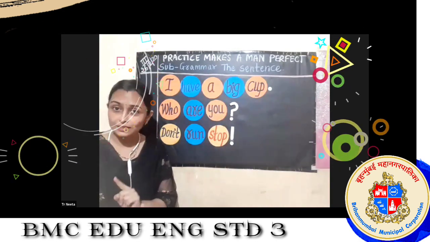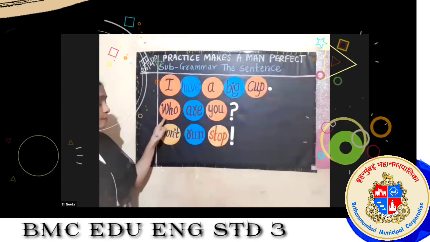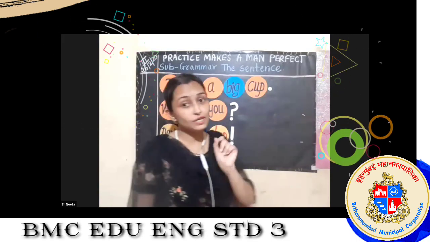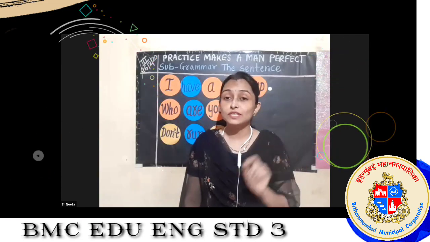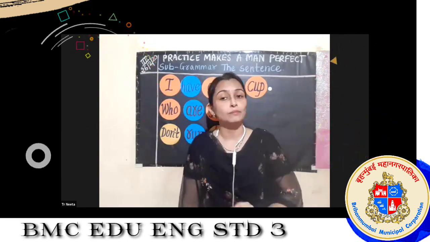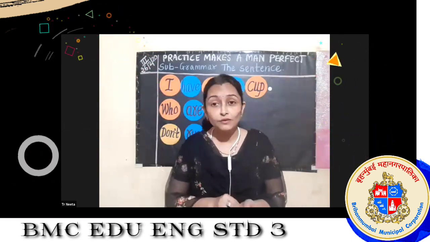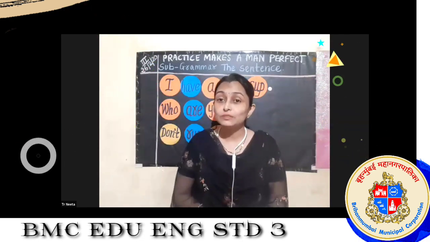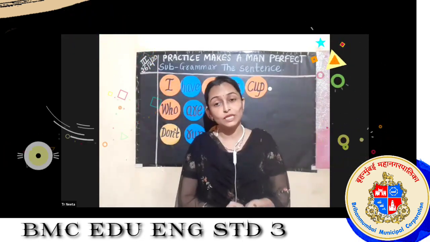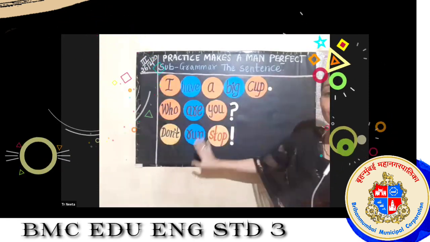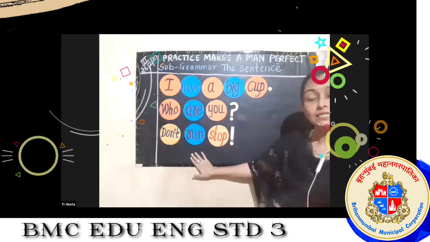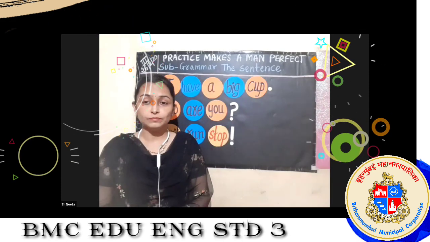And every sentence must begin with a capital letter. And even a noun, you all know, whenever we write a noun, the first letter should always be capital. For example, your name. Even if you write your name 100 times, the first letter will always be a capital. Okay, children? So now these basic sentences, you all are able to understand?